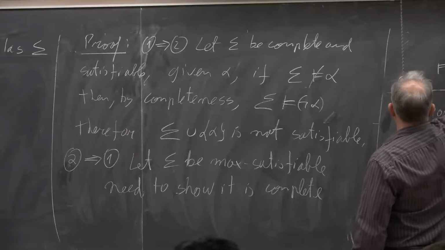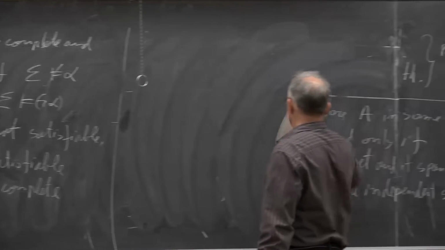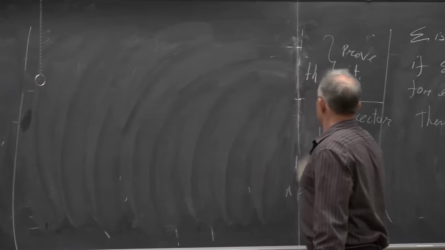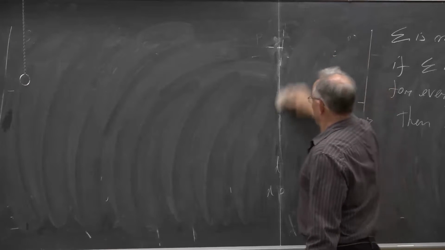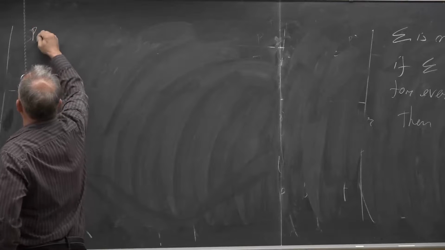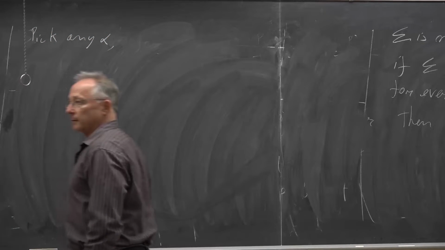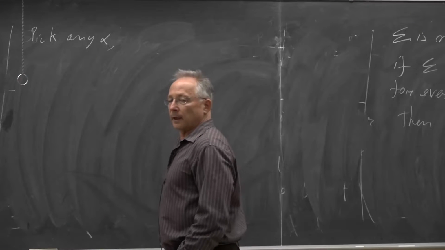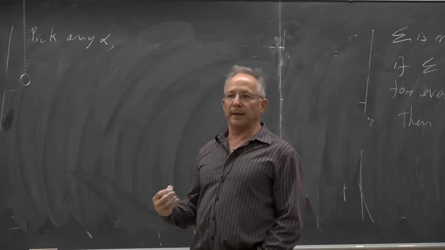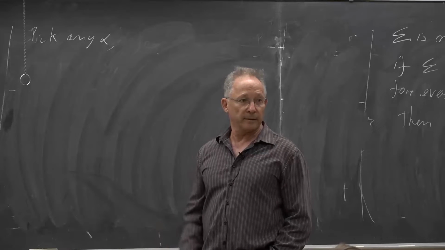So we pick any alpha. I need to show that if it doesn't imply alpha, it implies the negation of alpha for completeness.